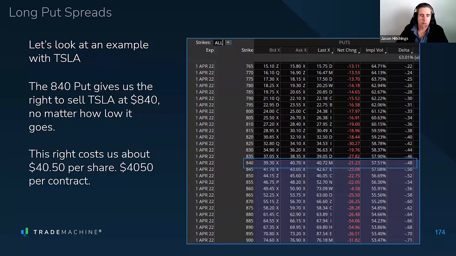So you can go out in the market and buy Tesla for $700 and sell it for $840 and make $140 per share. That right, as of now, between now and the 1st of April, would cost you $40.50.